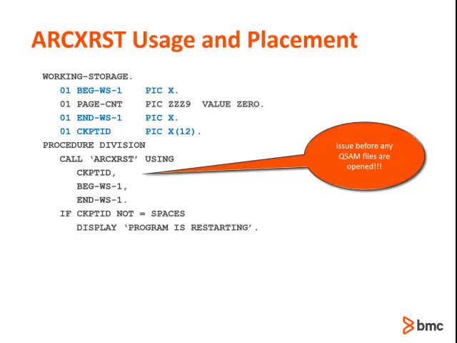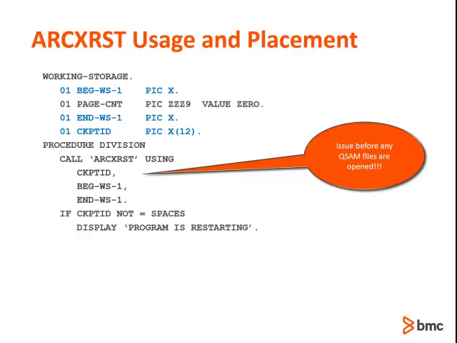The begin WS1 and end WS1 variables have been inserted to identify the storage location to ARC. Notice that the checkpoint ID field was not included in the saved area of program storage. This is a field that is managed by ARC, so there is no need to capture this storage. The program simply tests the value of checkpoint ID to determine if the program is being restarted. In this example, the program simply issues a message indicating that a restart is in progress.